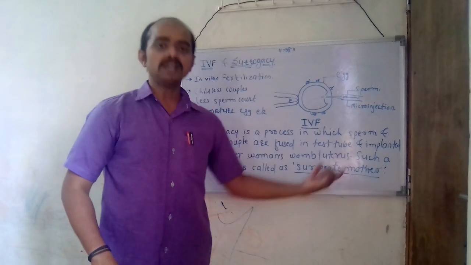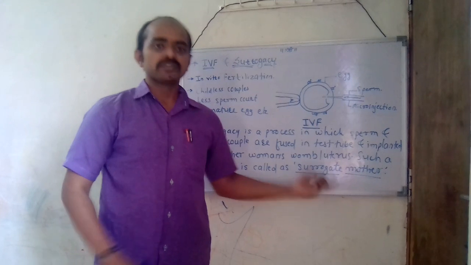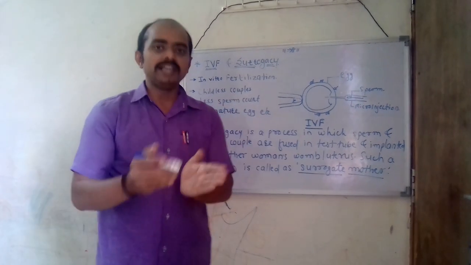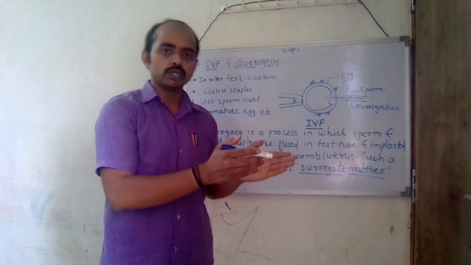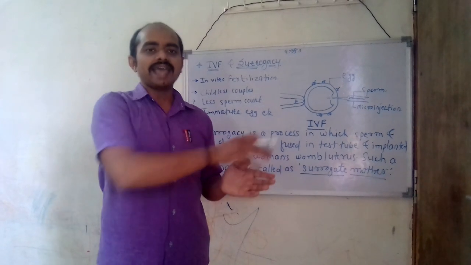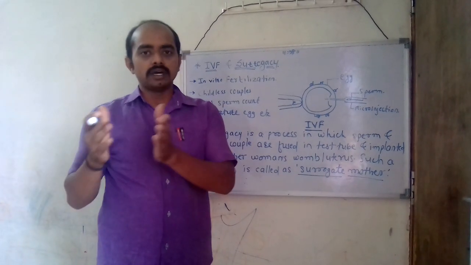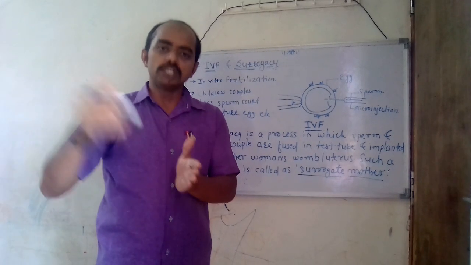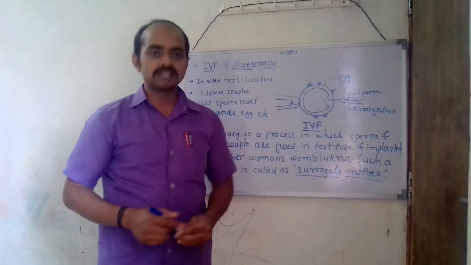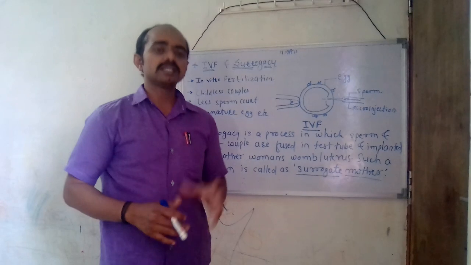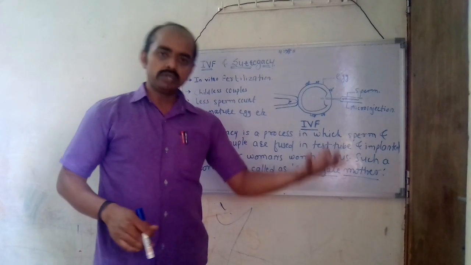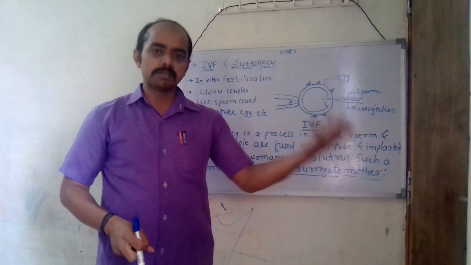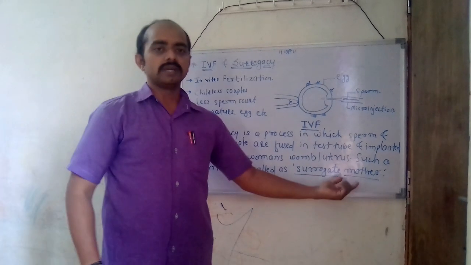It means if a couple is not able to produce a healthy baby because of their health issue, that couple can have a baby of their own genes from another woman's uterus. We can take the womb of a particular woman on rent, and that mother is known as the surrogate mother.